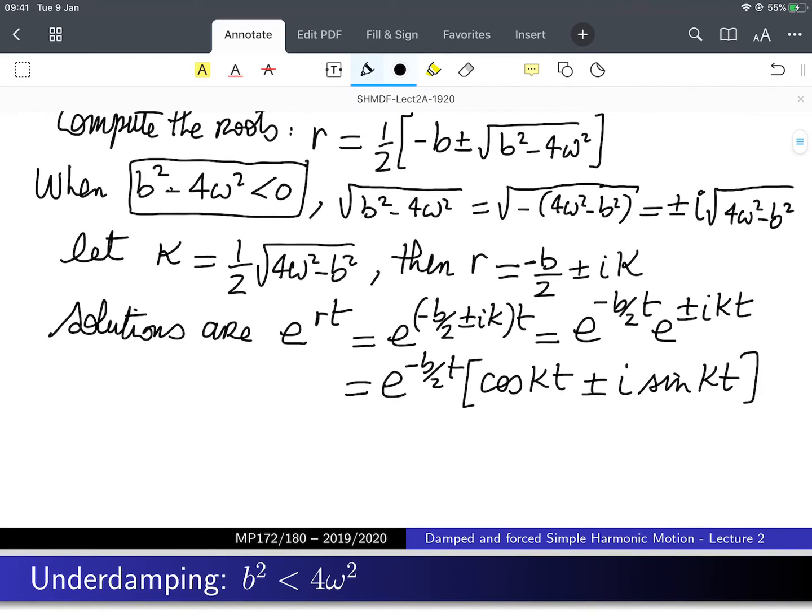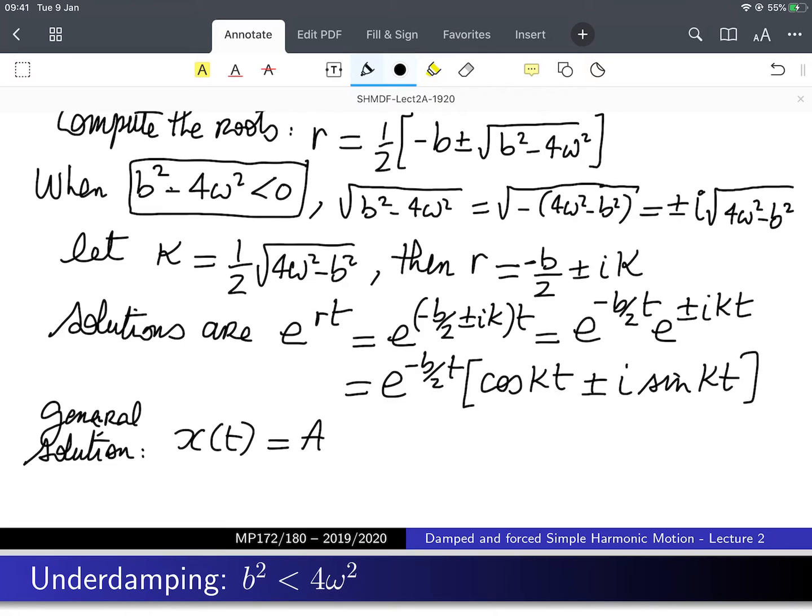And in fact, I have two solutions, right? The one with the plus sign, the one with the minus sign. And so if I have two solutions, I know that I have the general solution. I just need to write it as a linear combination of each solution if you want a double infinity of solutions.